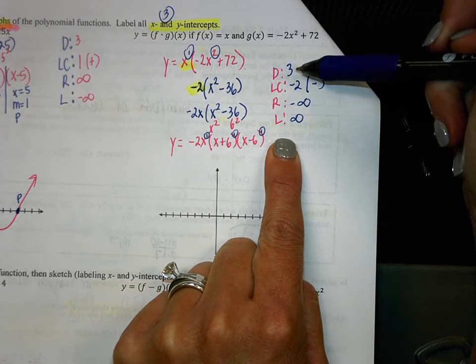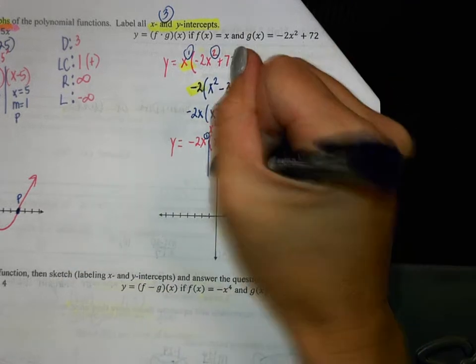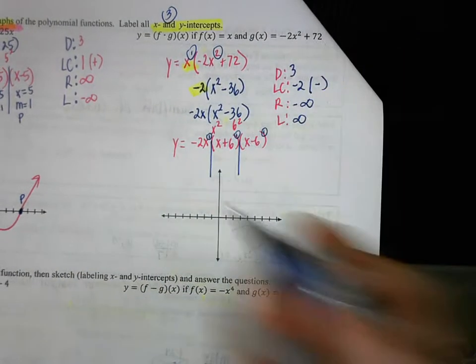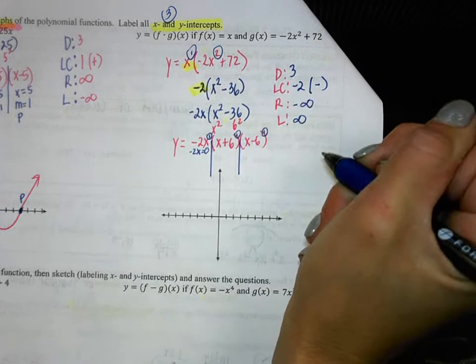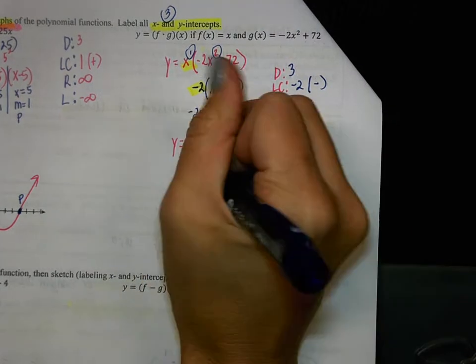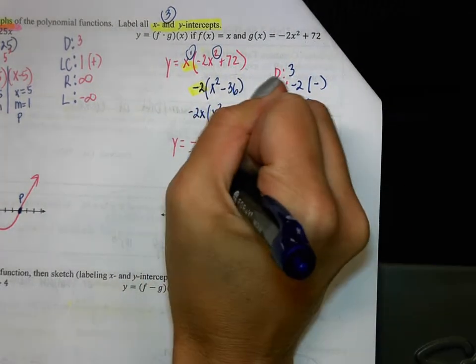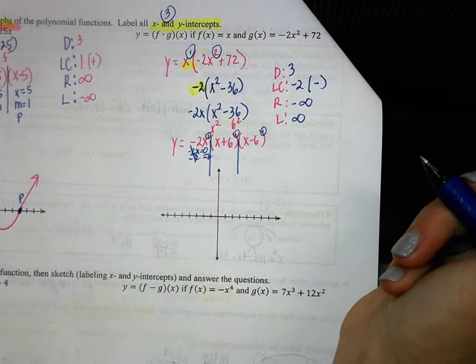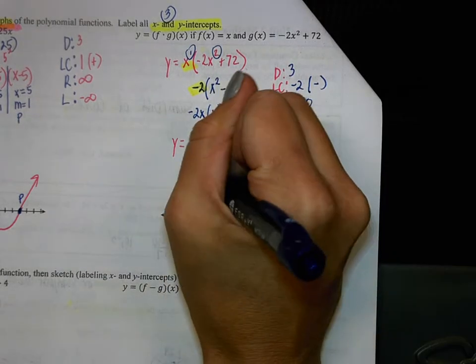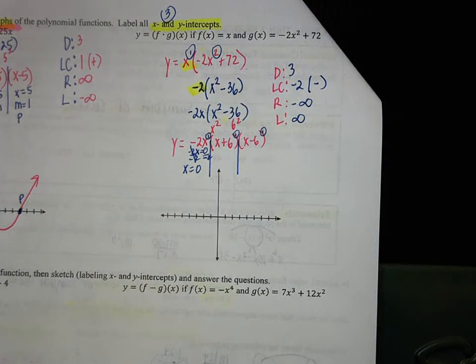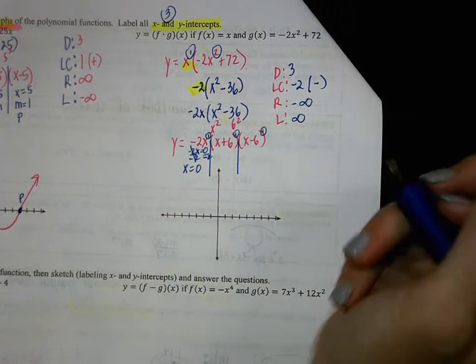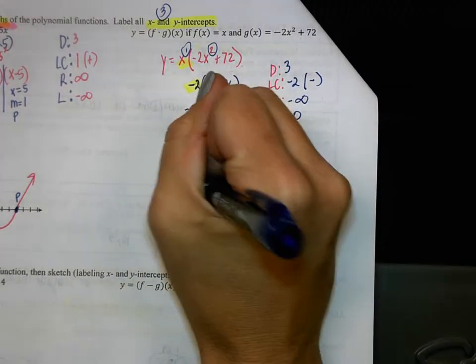Okay, so now we set each of these factors equal to 0. When you set -2x equal to 0, you would end up dividing by -2 to both sides. And what is 0 divided by -2? 0. What multiplicity does this have? 1, which means it's going to pass through.